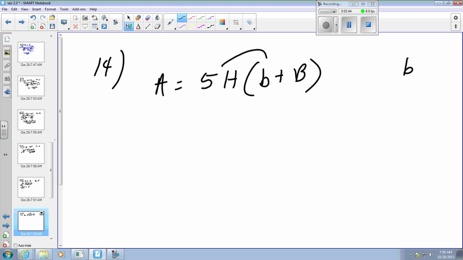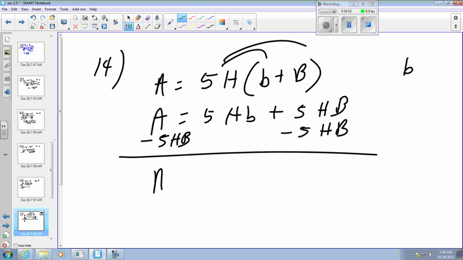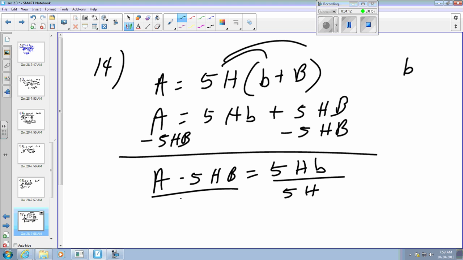First thing I'm going to do is distribute, giving me 5h small b plus 5h capital B. Now small b and capital B are different, so I'm going to subtract 5h capital B from both sides, which gives me a minus 5h capital B, leaves me with 5hb, and then I'm going to divide by 5h on both sides, which leaves me with small b by itself.